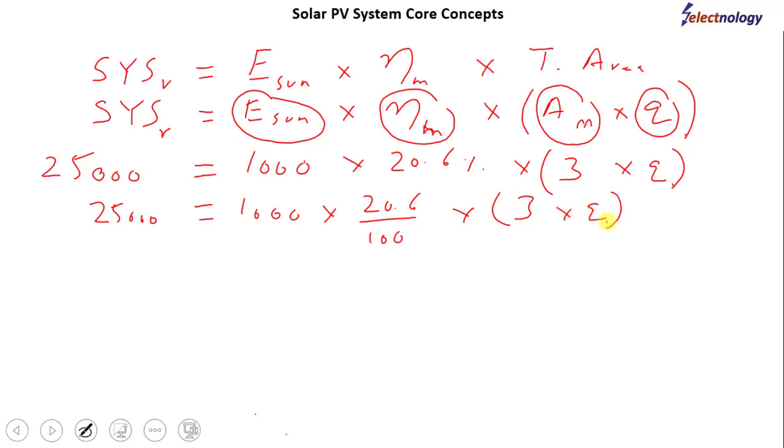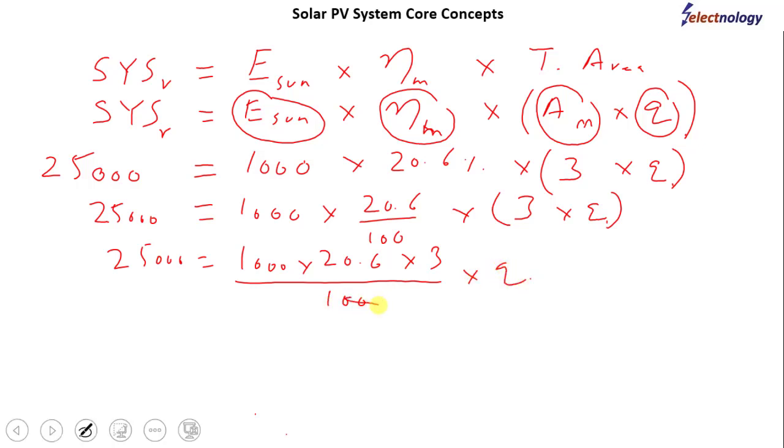Now if we solve this equation, 25,000 equals 1000 into 20.6 into 3 divided by 100 into quantity, so we can solve this, and Q becomes approximately 40.